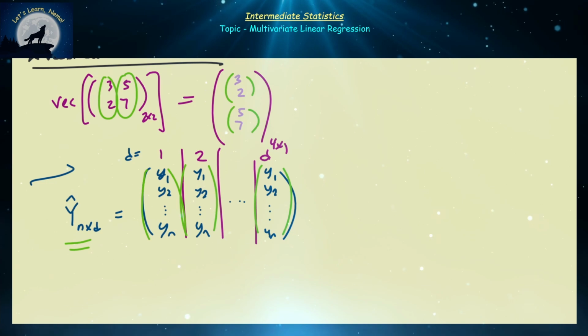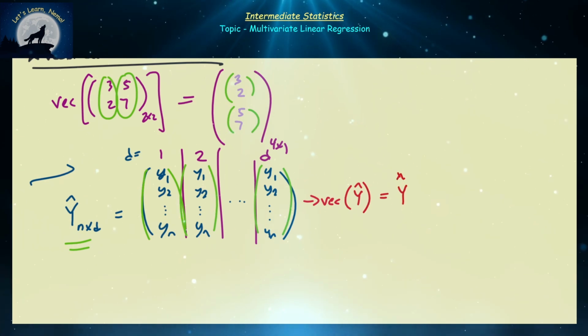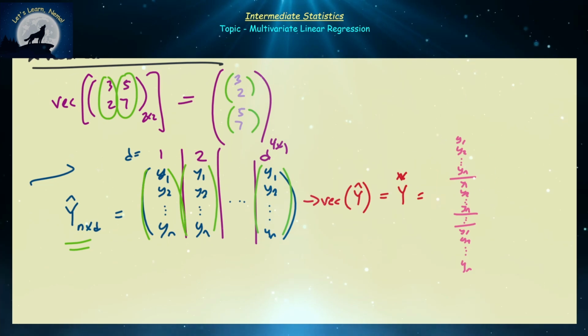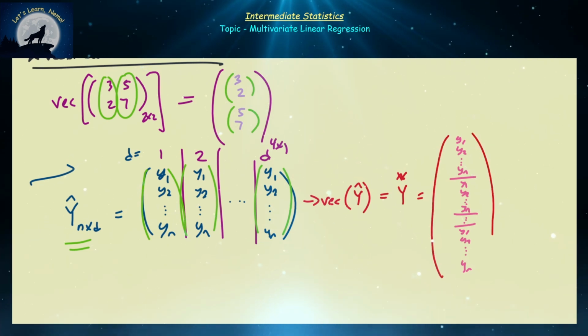So once we vectorize that, the vectorization of y hat, which I'm going to denote by y hat with a v, so it's like an intersectional v hat looking thing, is going to be a column vector of some length. We're going to have y1, y2 down to yn, and then y1, y2 down to yn, and then that all the way down to y1, y2 down to yn, right? So let's make our matrix just a little bit bigger so it's holding all of these values.